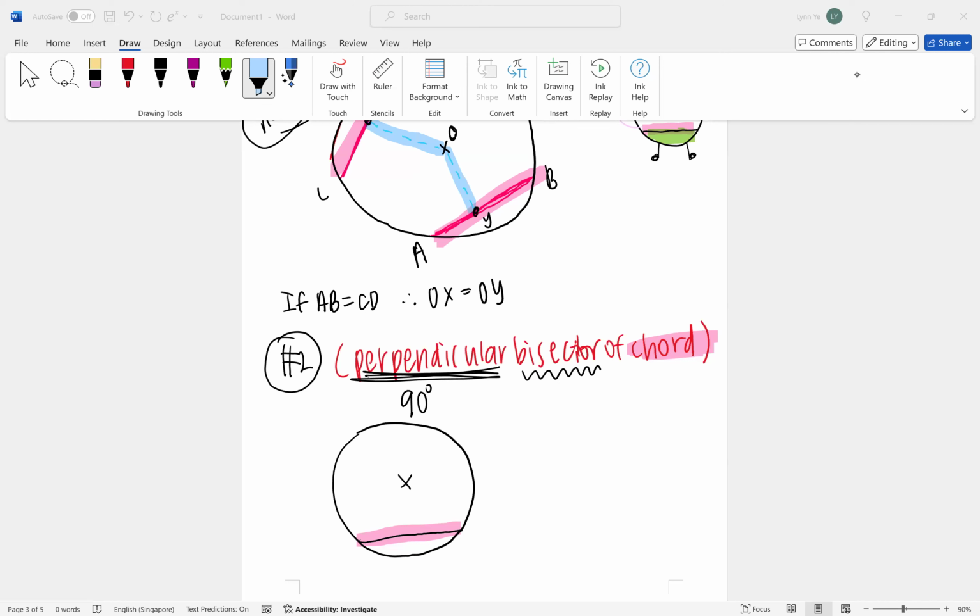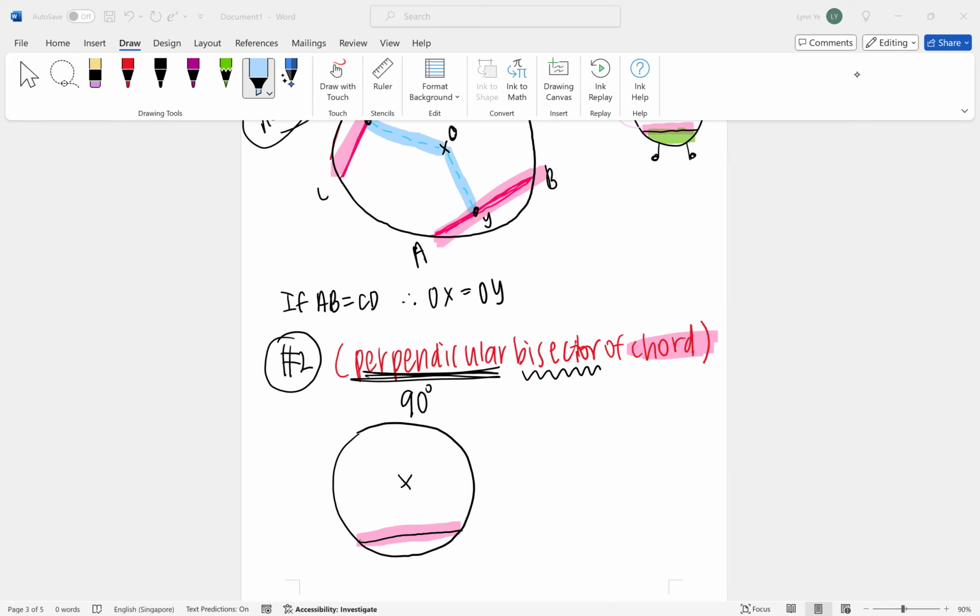Where do you find it? So what is linked to middle?